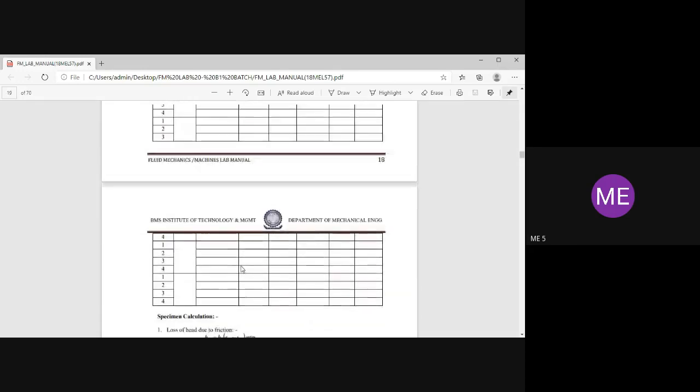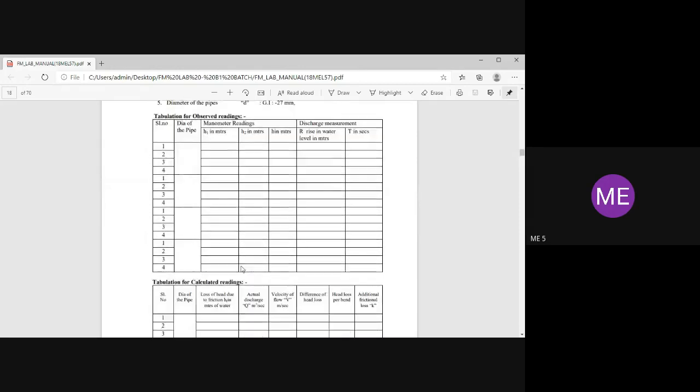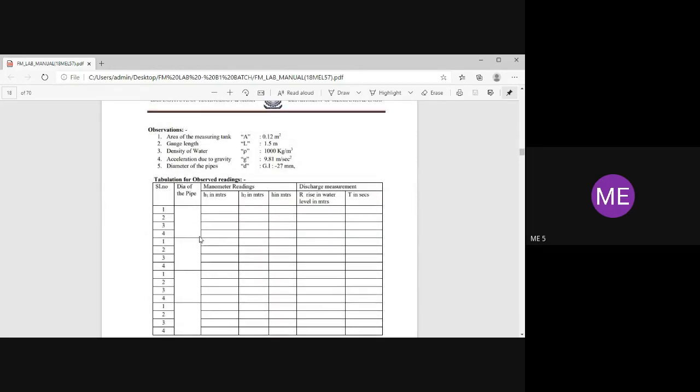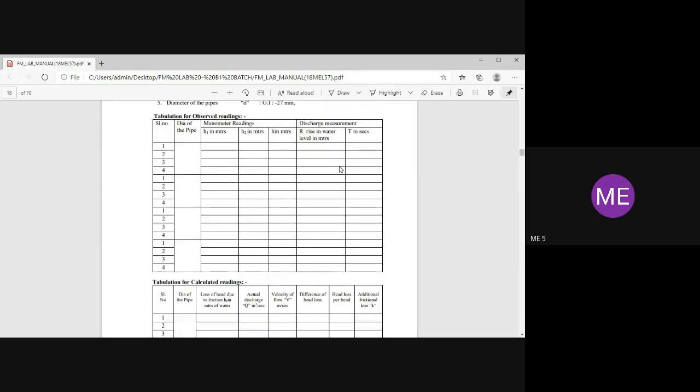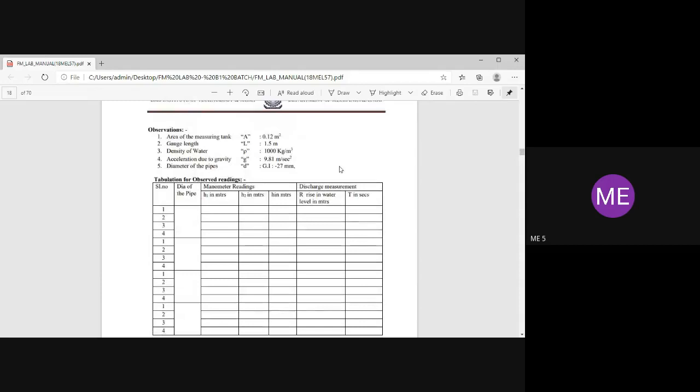I'll give the readings for the 27 mm pipe, without bend and with bend. I hope you have the tabular column. Can you note down this tabular column? All of you note down the tabular column. It is the same tabular column.